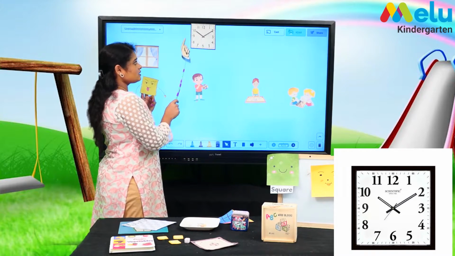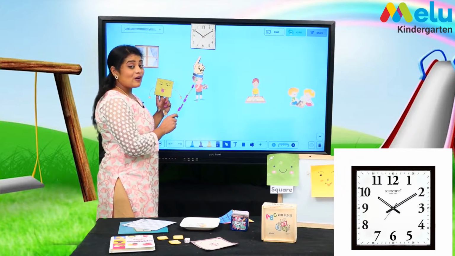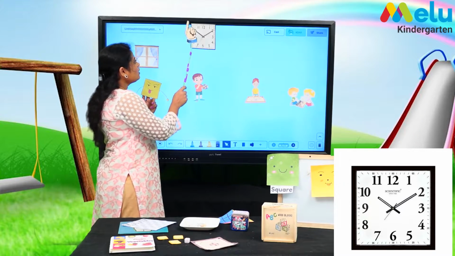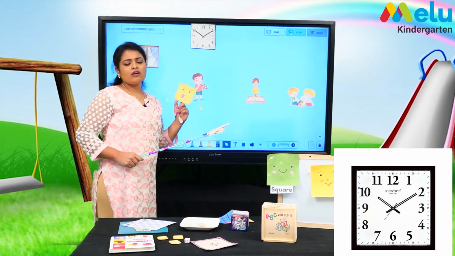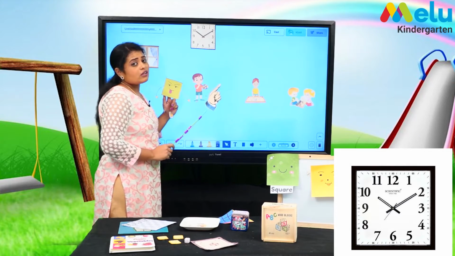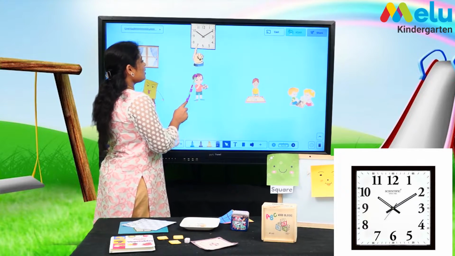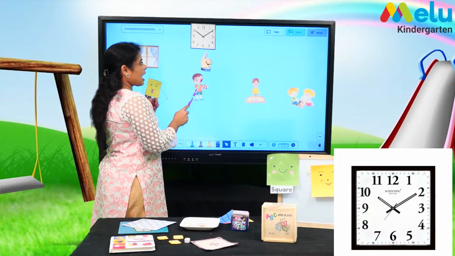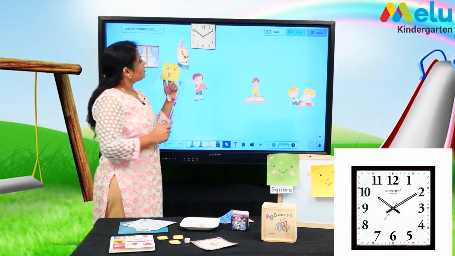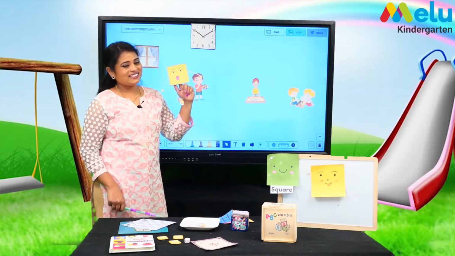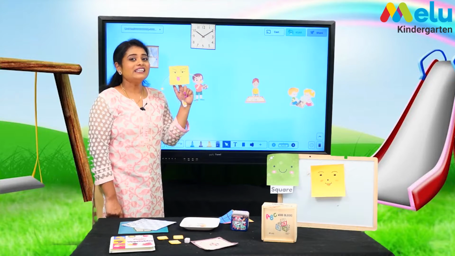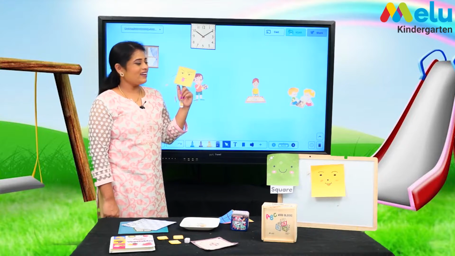What is this? Clock, right? And looking at the clock, he thought that the clock is in the shape of a square and he thought the clock is also just like him. Yes, it is in the shape of a square.